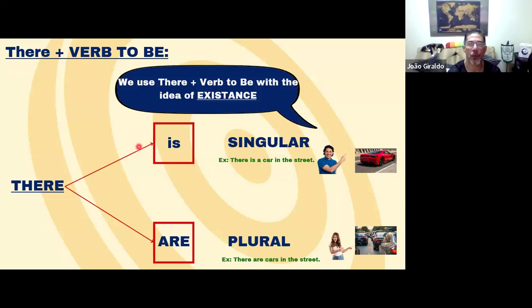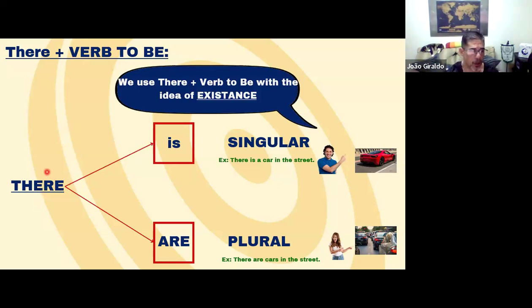In Portuguese, we say, in my house exists something, or I have something, my house has something. In English, that's impossible, guys. We use there plus the verb to be to determine first the quantity and second the existence of something. And it's very simple, okay?